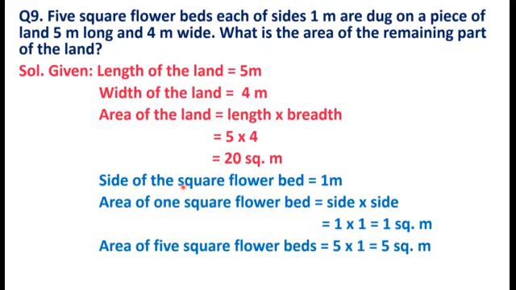The side of the square flower bed is equal to 1 meter. So the area of one square flower bed is side into side, that is 1 into 1, equals 1 square meter. For 5 square flower beds, that is 5 into 1, we are getting 5 square meter.